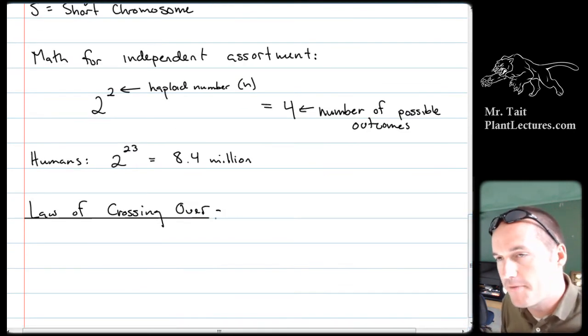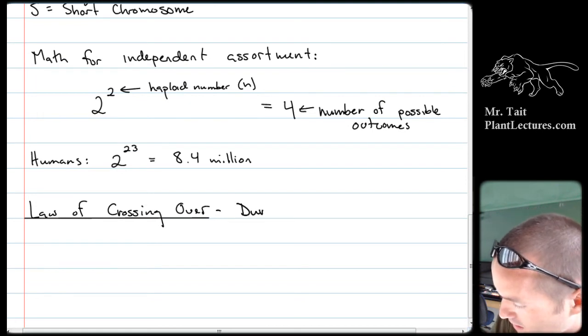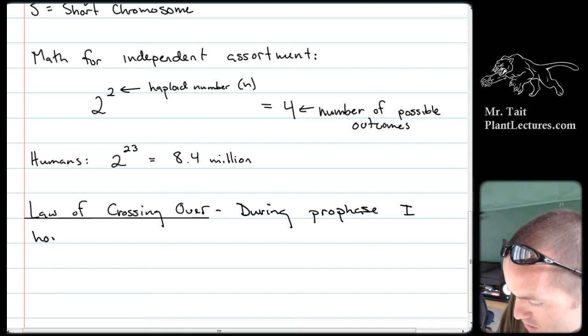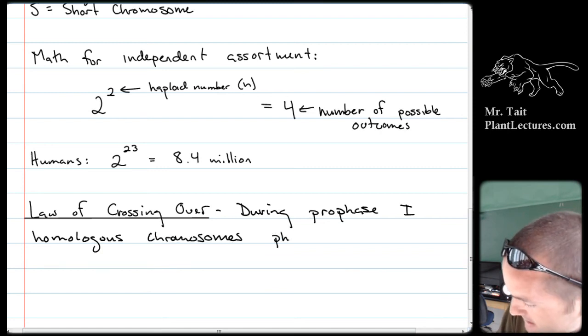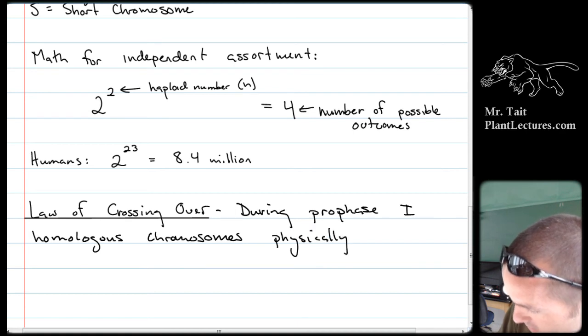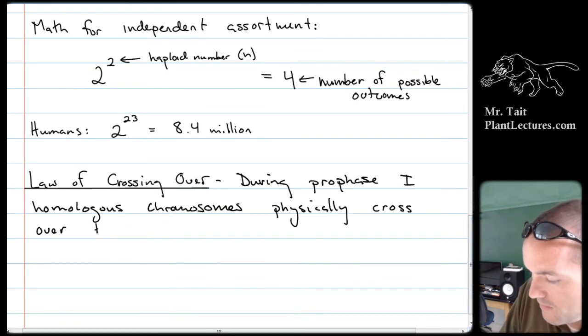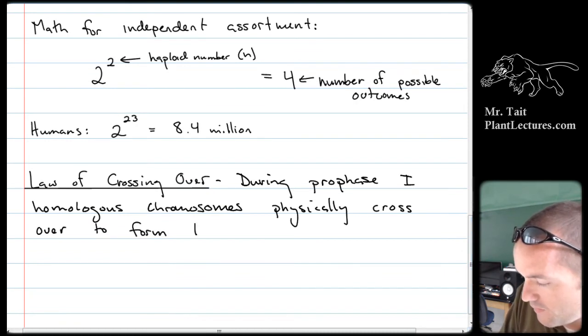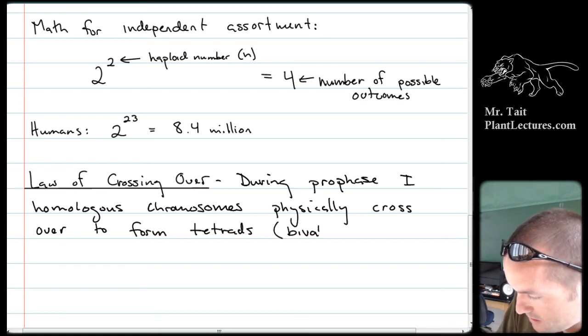It says that during prophase 1, these things form that are called tetrads. Okay? So during prophase 1, homologous chromosomes physically cross over one another to form tetrads, which your book calls bivalents.